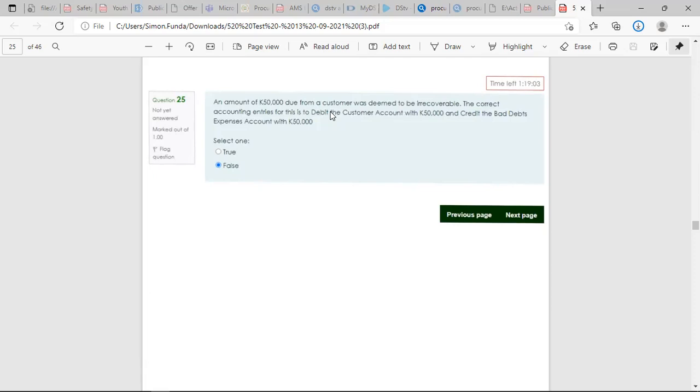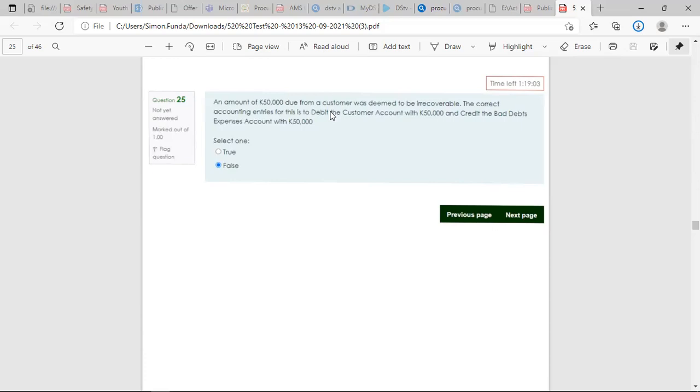So this is not true. When a customer fails to pay, we declare him a bad debt, so meaning that we are creating an expense. A bad debt is an expense, and an expense is always supposed to have a debit. So you cannot credit the bad debt. The bad debt expense is supposed to be debited.